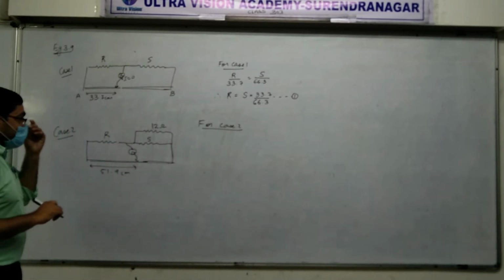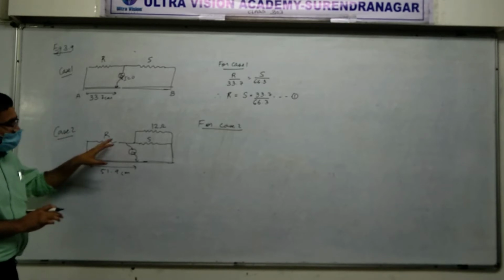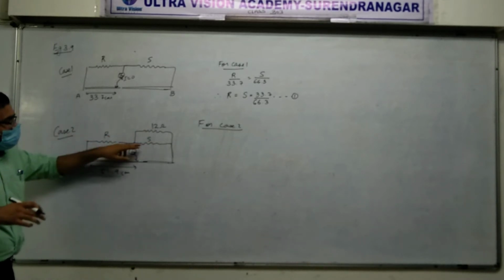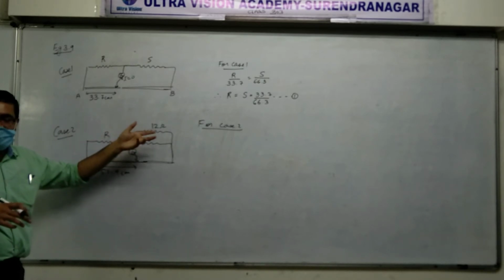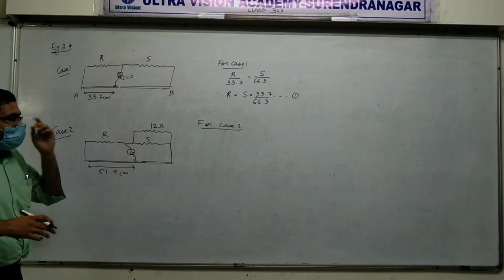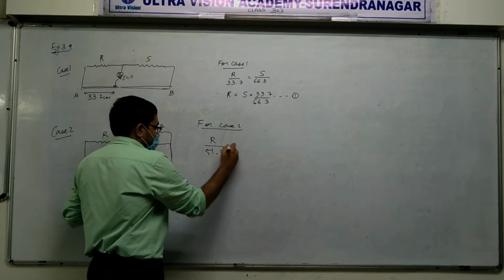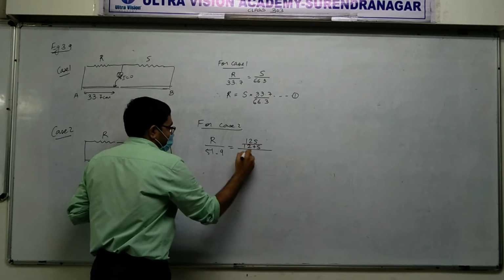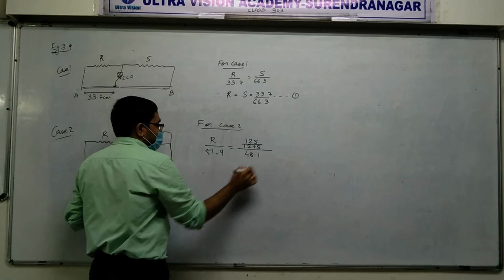What's the change here? What's the twist? R is R, but here in the meter bridge gap where you have to connect this, it's not just S, but it is 12 and S in parallel. So what would be their equivalent? 12S upon 12 plus S. So the equation should be R upon 51.9 equals this upon 48.1.